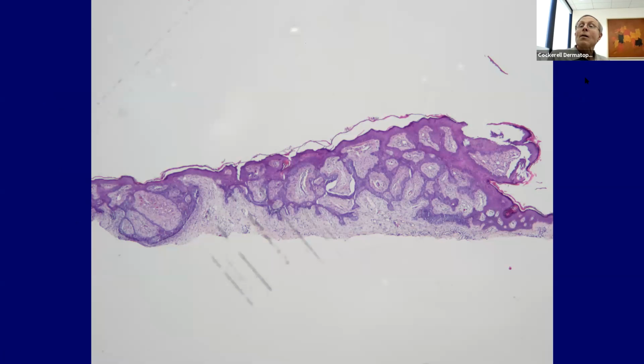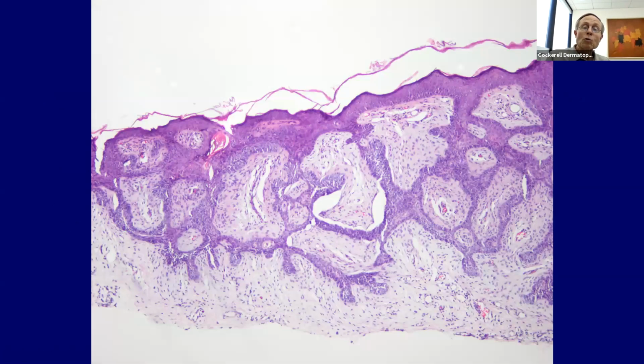Okay. So here we've got a chat back up. Shave biopsy, neoplasm, epithelial, follicular, horizontal orientation, plate-like involvement. Notice that the individual structures are primitive mantle with basaloid proliferation, extending pretty deeply into the dermis with a lot of fibroplasia.